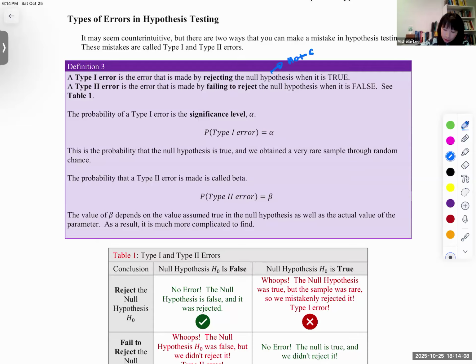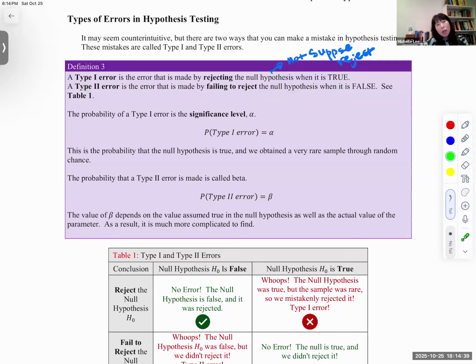So they were not supposed to reject, but they do reject eventually, right? Okay. Type 2 error is the error made by failing to reject the null hypothesis test when it is false, right?